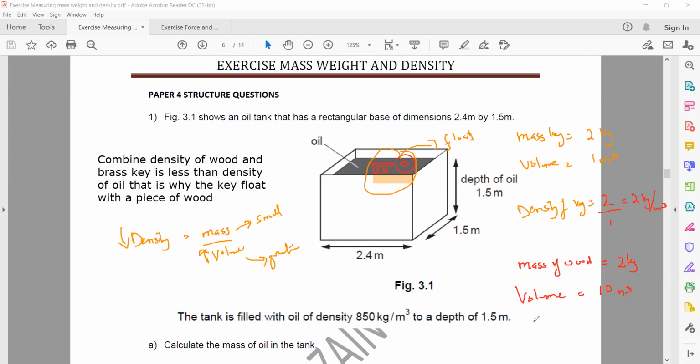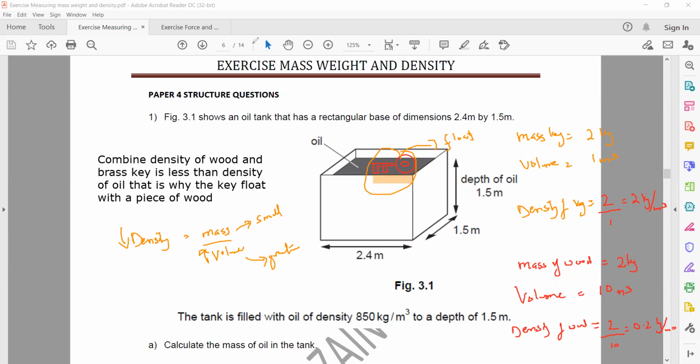So when we find the density of the wood, mass divided by volume, mass is 2 and the volume is 10, so 2 divided by 10 is equal to 0.2 kilogram per meter cube. So this is the density of the wood and this is the density of the key.